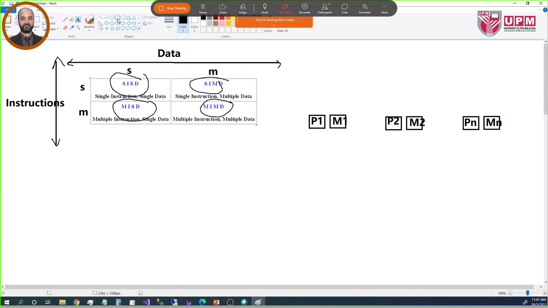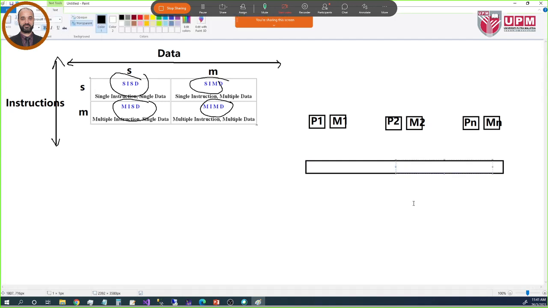But here, what we have to put is what they call the interconnection network.